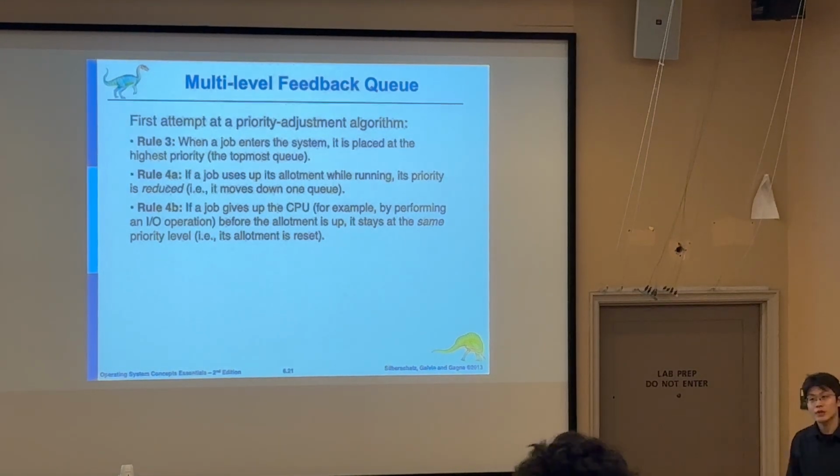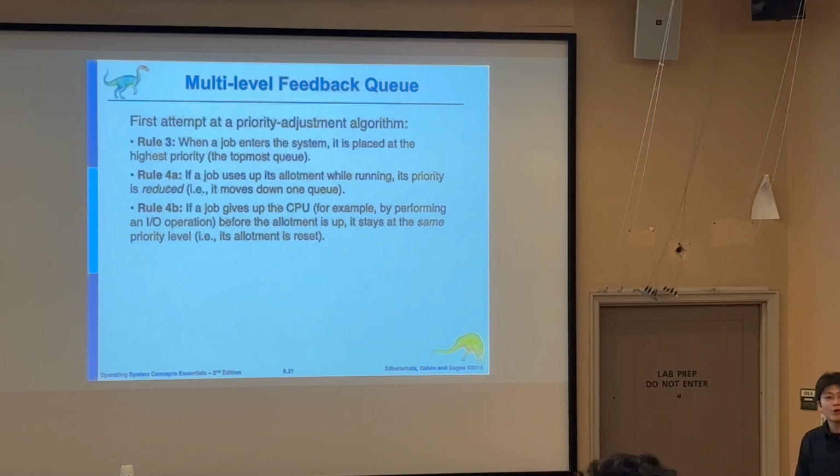Right? We do not want a process to be at the highest priority for too long. That's the first intuition we have. Does this make sense? If a process uses up its time slot, that's when we are going to reduce its priority.